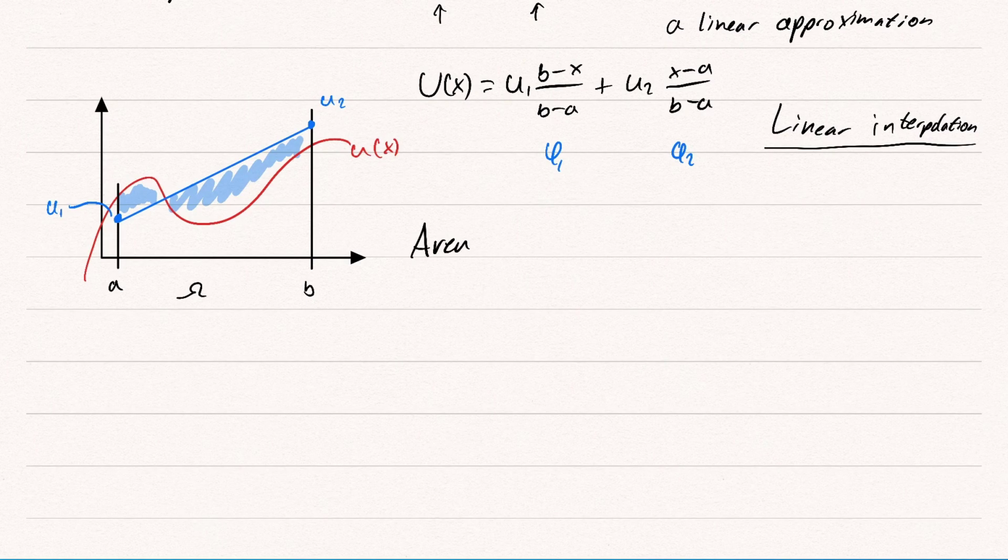The area is thus: we can do A is equal to the integral from a to b of r of x times a weight w times dx, and we set this equal to 0. So we're not looking at the absolute value of the area, we are looking at the residual basically.